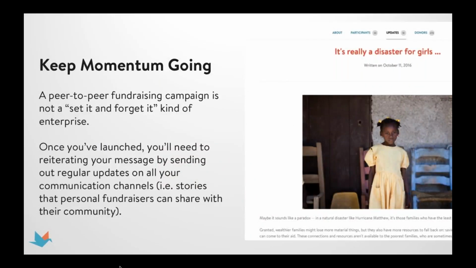The other role that you have is to keep the momentum going. You can't just set it and forget it. Once you've launched, you need to reiterate your message by sending out regular updates on all your communication channels. You can fuel the main story by sharing examples. So in some ways, the main storyline of this presentation is that the world we fundraise in is fundamentally different.